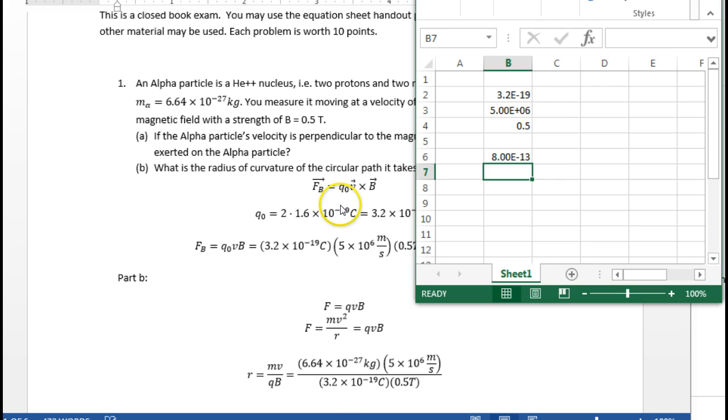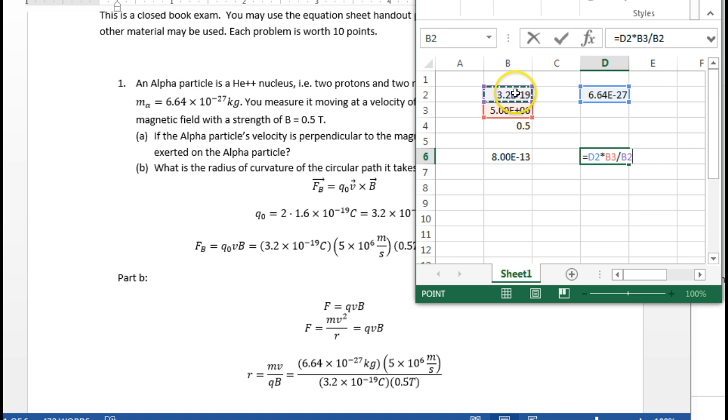Okay, let's see if we can calculate this. So we have 6.64 e minus 27, 5 times 10 to the 6, and 3.2. So it is the mass times the velocity divided by the charge and the magnetic field.